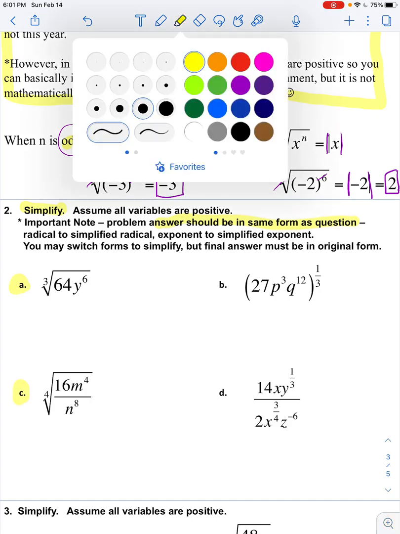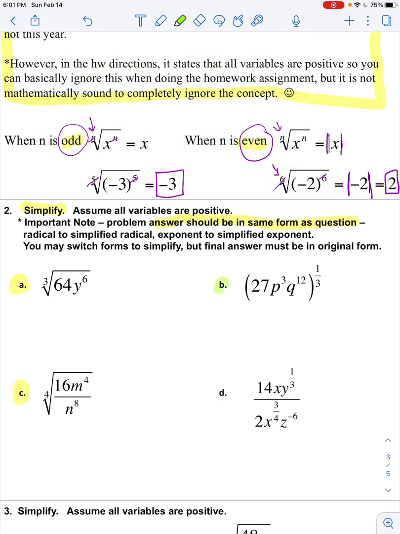If your original question had fraction powers like B and D, then you would leave your final answers as fraction powers. You can work on it however you want. That's what this is talking about. You may switch forms to simplify. I think for most of us, the radical notation is easier. So you might want to work on it in that format, but then go back and change your answer. It's totally up to you.